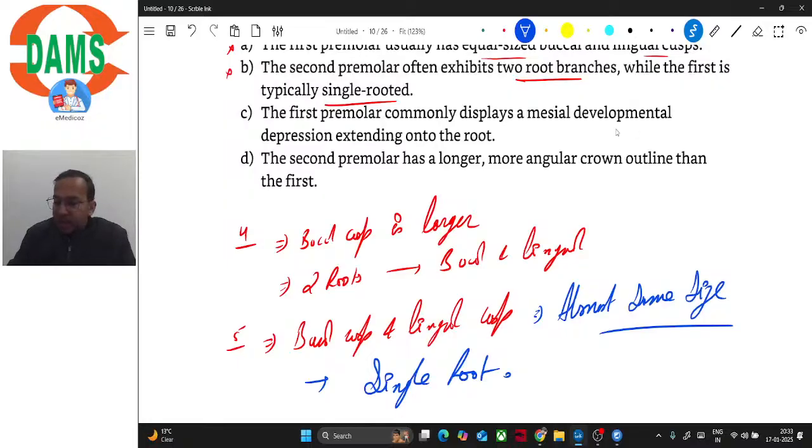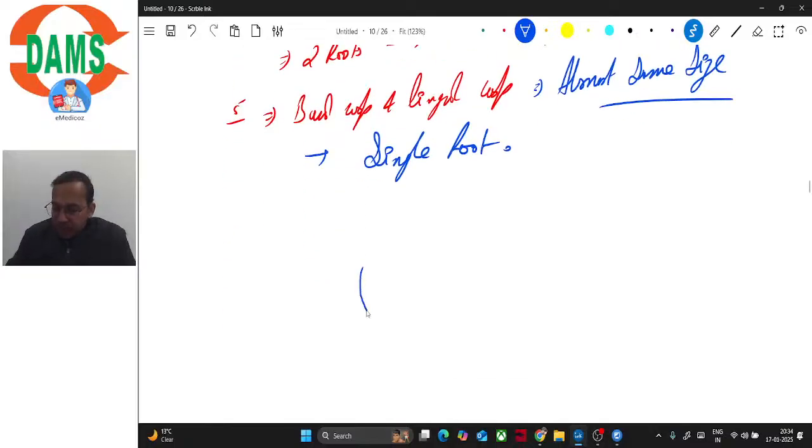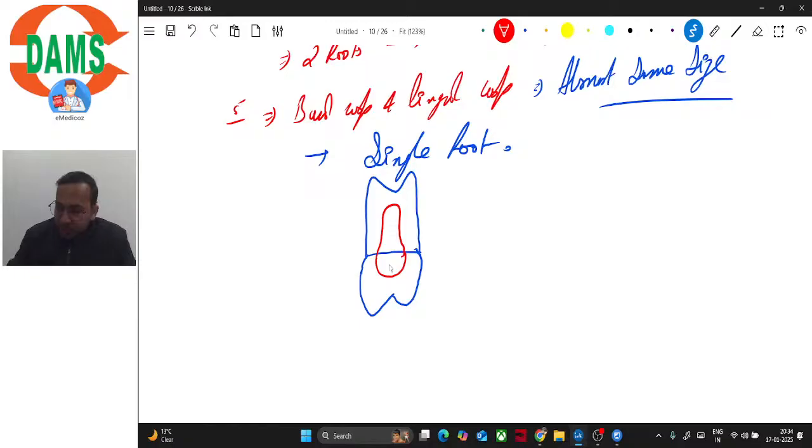The first premolar commonly displays a mesial developmental depression extending onto the root. So yes, first premolar, right? The first premolar does have a developmental depression on the crown, and this developmental depression continues onto the root, isn't it?